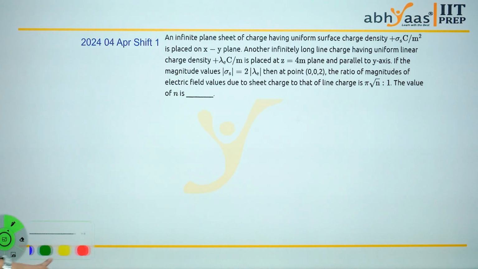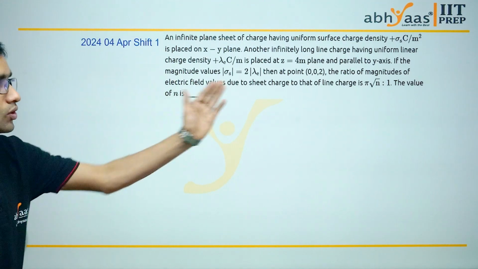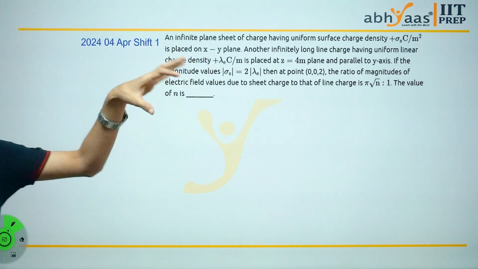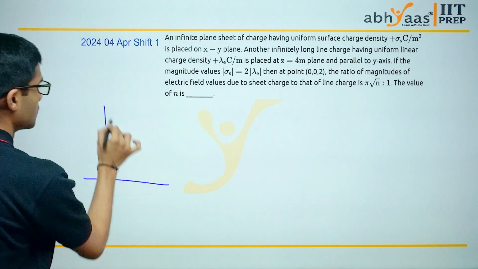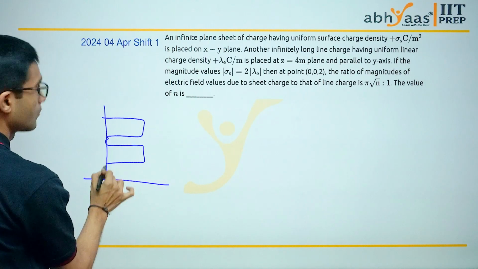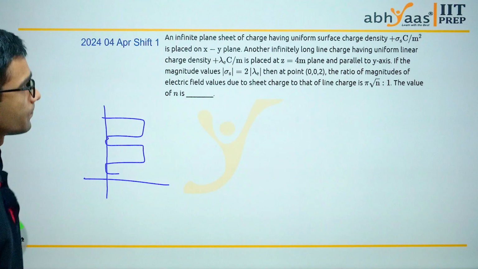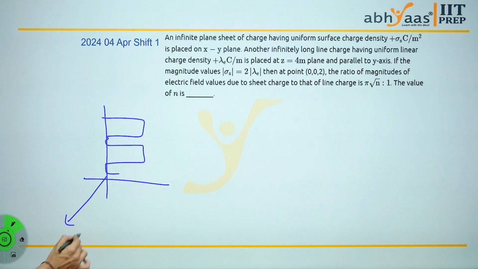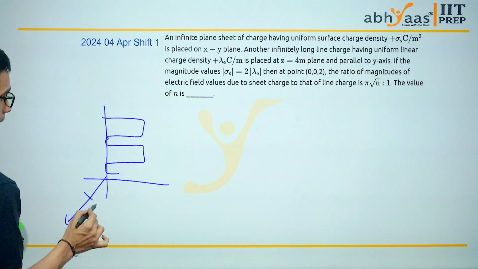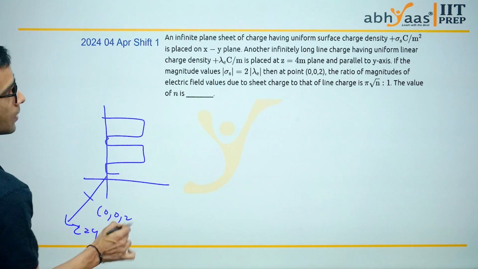Now going to the next question. An infinite plane sheet of charge with surface charge density is given in the xy plane. A uniform linear charge density is placed at z equal to 4, and another point is (0, 0, 2).